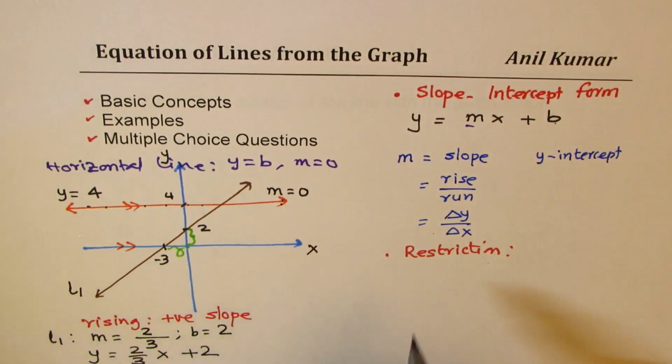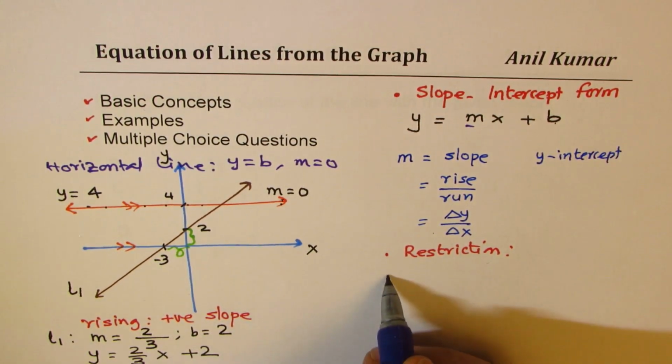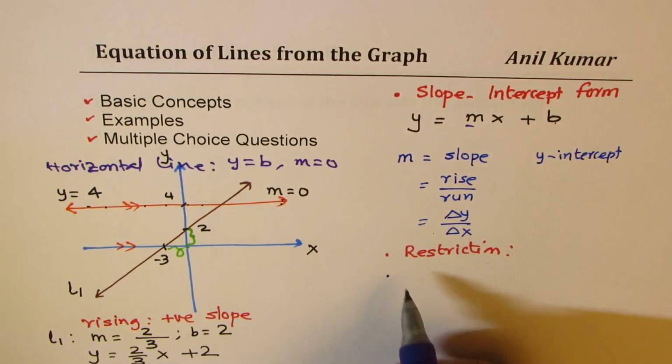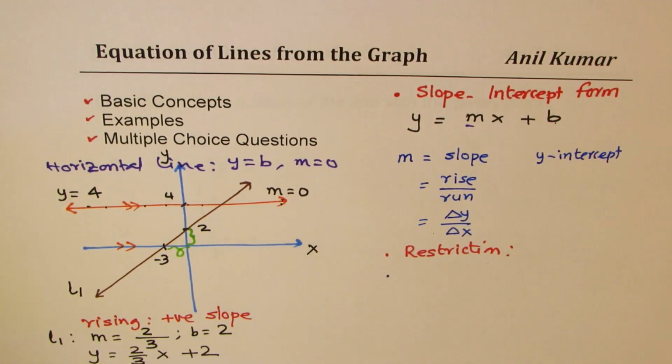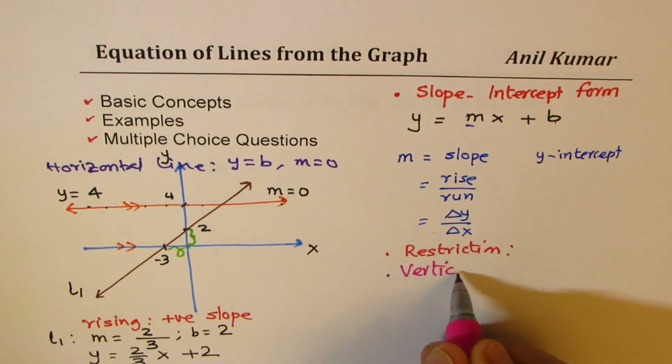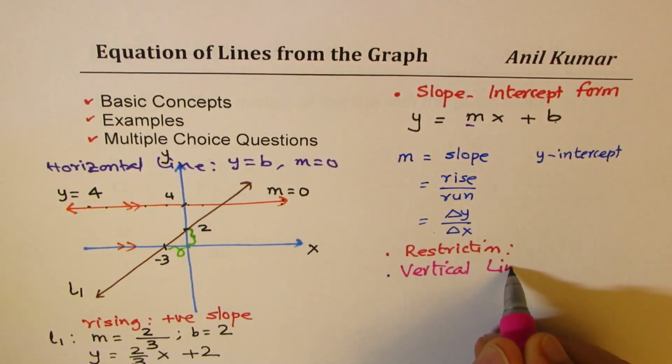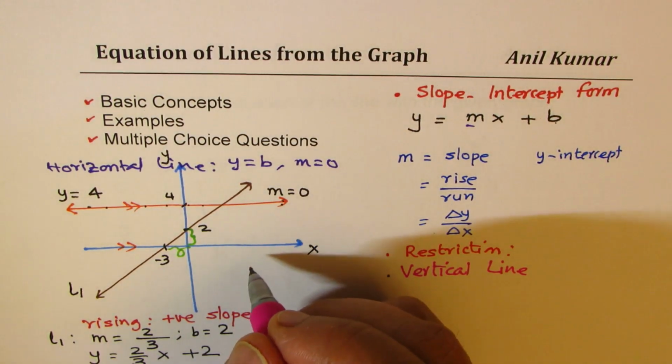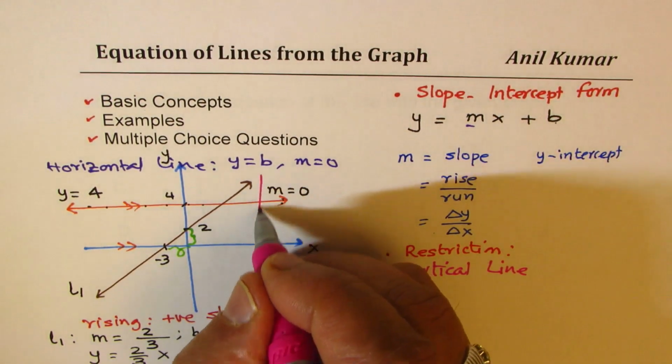Now let me take another example, using a different ink. Let's call this our vertical line. Okay, so I'll take an example of a vertical line. For example, let me draw one like this.